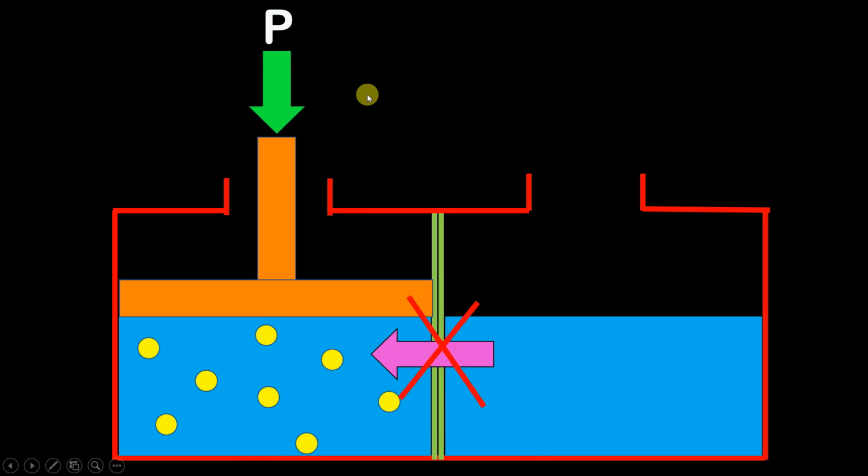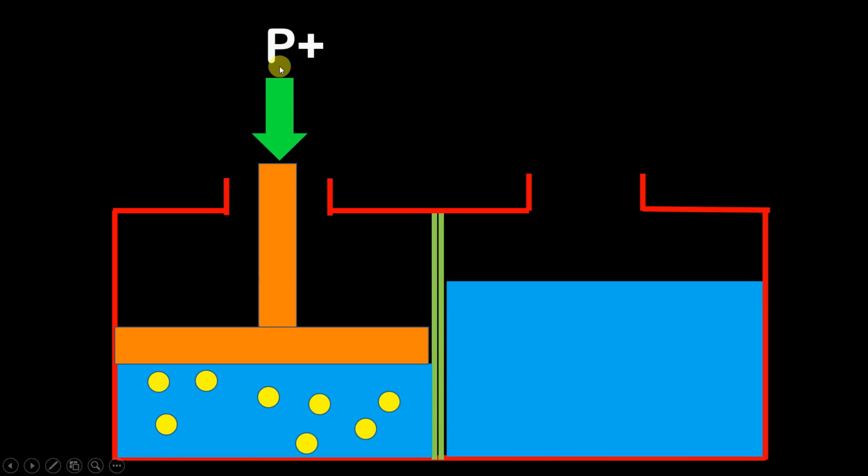Like here, as you can see, I have applied P plus. P plus means what? Some amount of pressure greater than the osmotic pressure. So when you apply pressure greater than the osmotic pressure, then guys, the solvent molecules will now start to travel from left hand side to the right hand side.